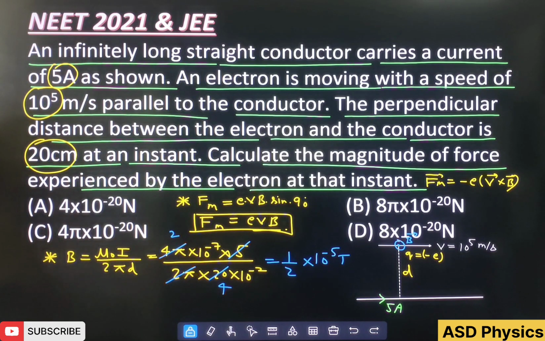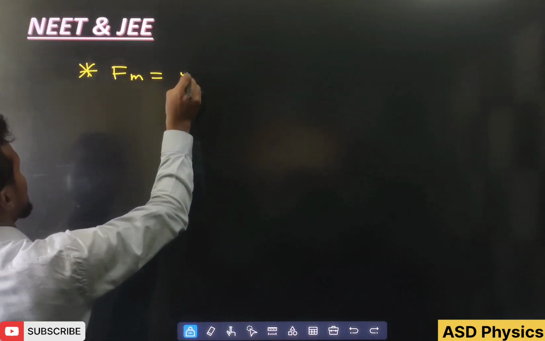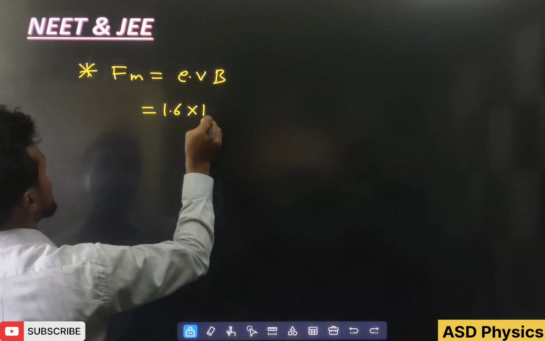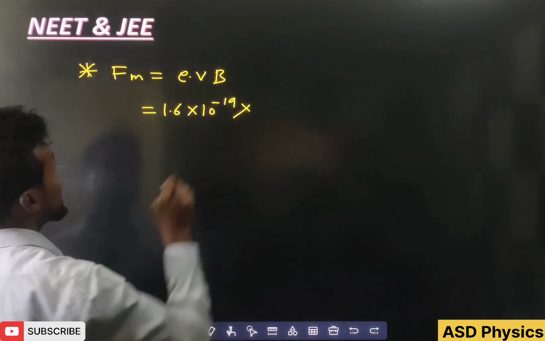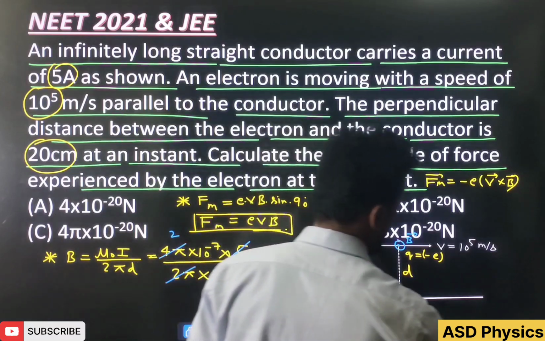After that, we'll just put in the values. So let me write what is given. This magnetic force is eVB. The value of e is 1.6 into 10 to the power minus 19. Velocity, you remember, students, is 10 to the power 5.